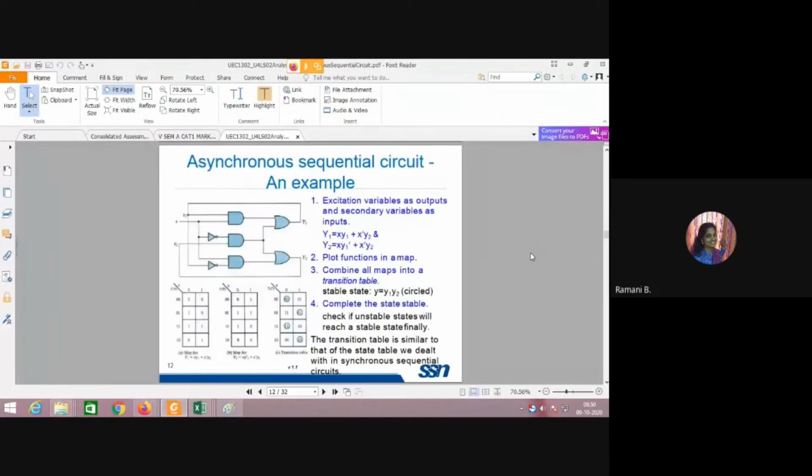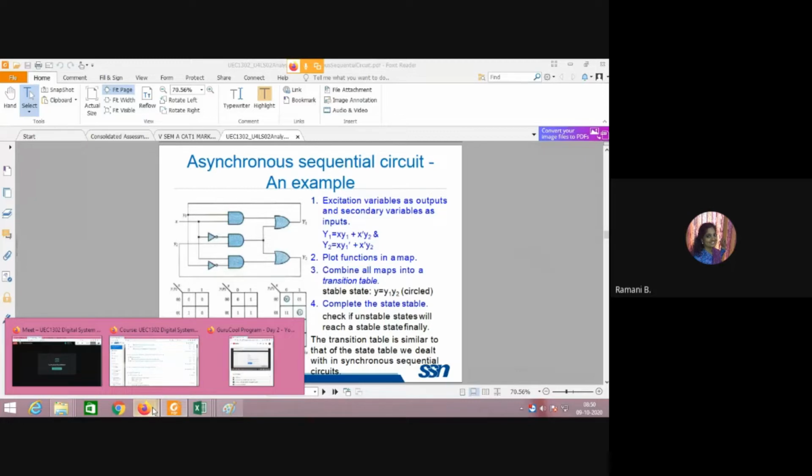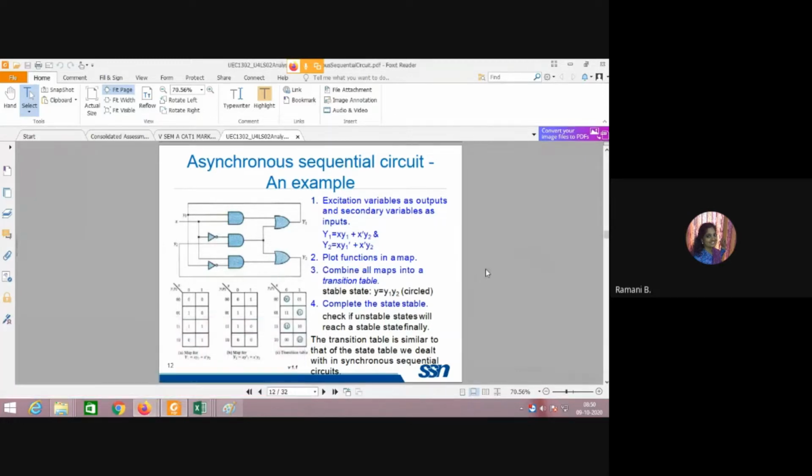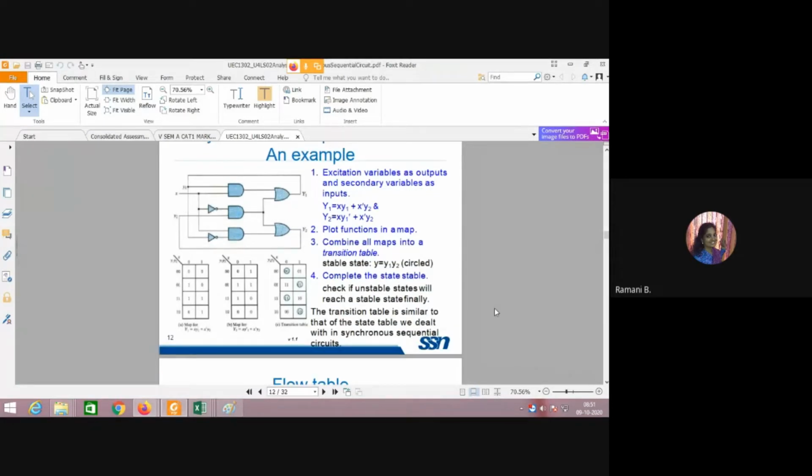Given any logic diagram, you identify the excitation variable and the secondary variable, and then we write the expression for the excitation variable, plot the map for those excitation variables, combine them and give the transition table from it. Where the excitation variable and the secondary variable are the same, we circle those states and call it the stable state. Okay, so that is what we did with the analysis procedure.